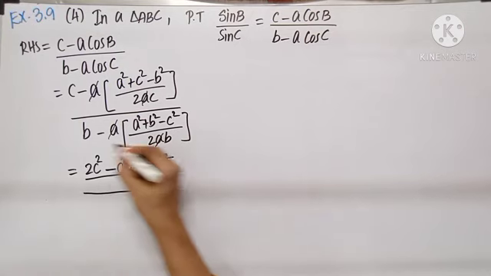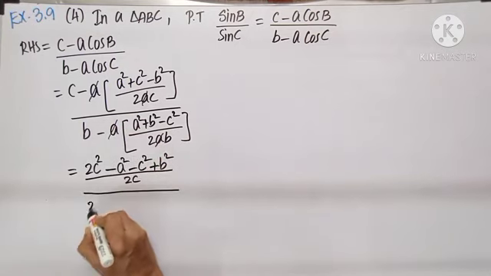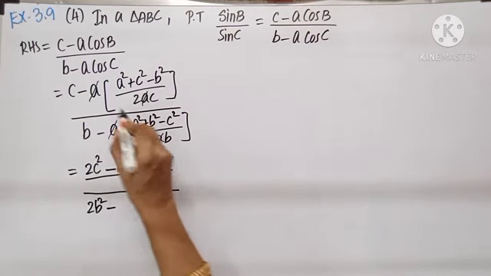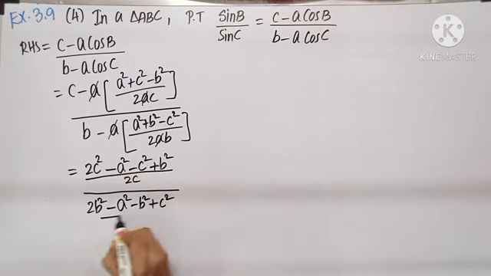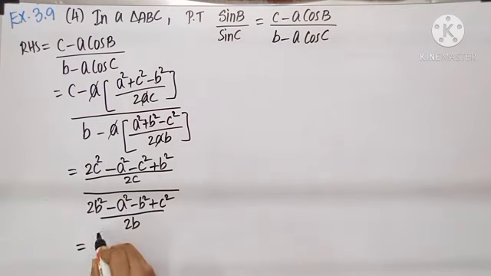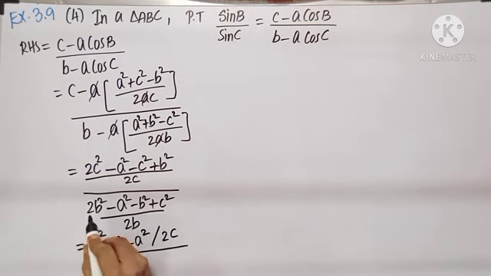Denominator, again cross multiplying, 2b into b, 2b square, taking minus in, minus a square minus b square plus c square, divided by 2b. This gives me 2c square minus c square is c square plus b square minus a square by 2c. Denominator, 2b square minus b square is b square plus c square minus a square by 2b.